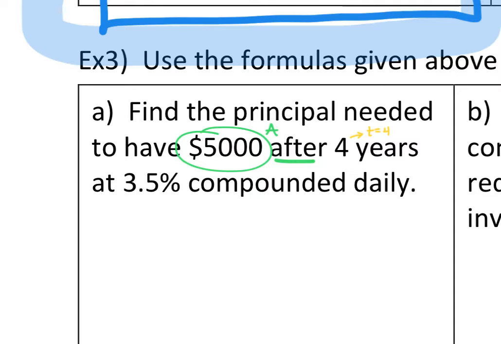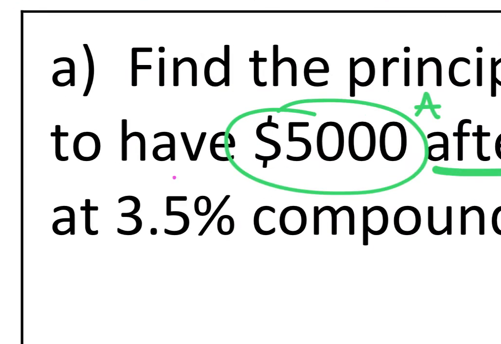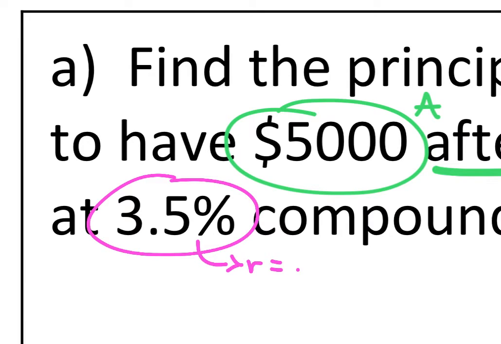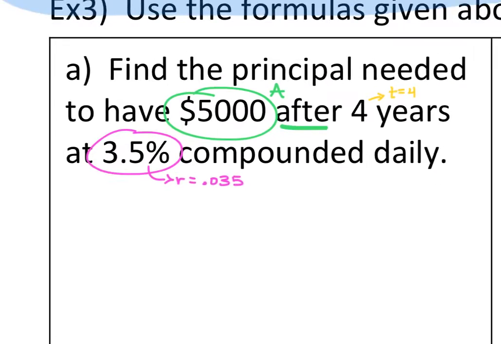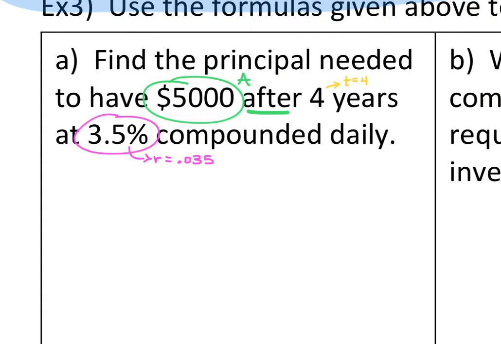And your rate here is the 3.5%, but remember that you have to move the decimal point over twice, so your R value is going to be 0.035.